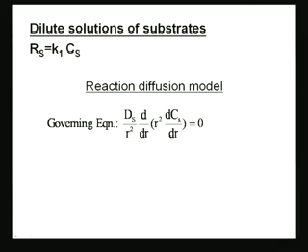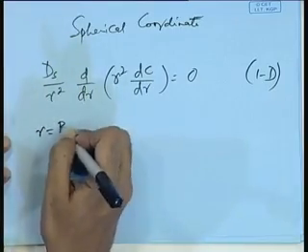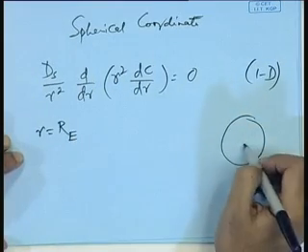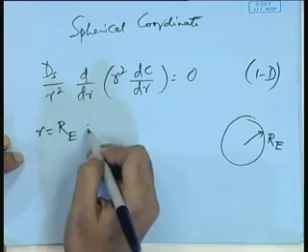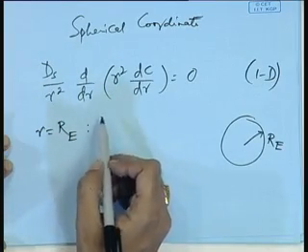As we discussed, one of the boundary conditions is that the reaction is occurring on the surface. So R equals RE, this is my boundary. Just tell me conceptually what you have, maybe we will write it a little later.